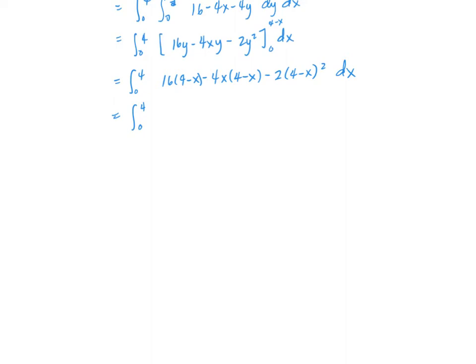I'm going to pull out a 2. But I'm going to be lazy. I can see that I can factor out a 4 minus x from all these terms. No, took out a 2 to get 8 minus 2x minus (4 minus x).